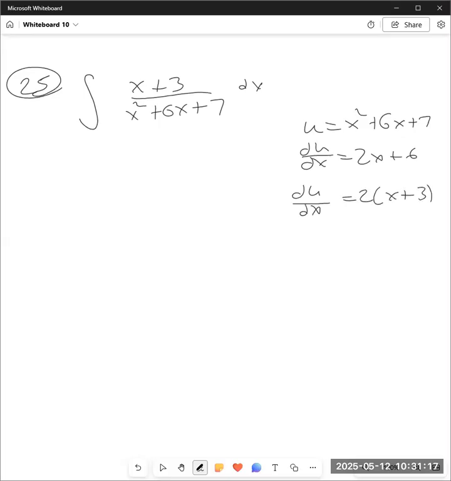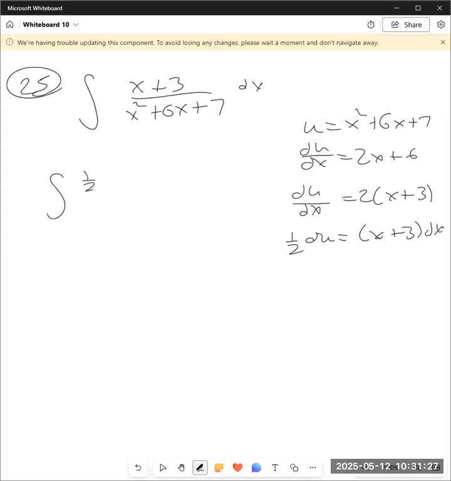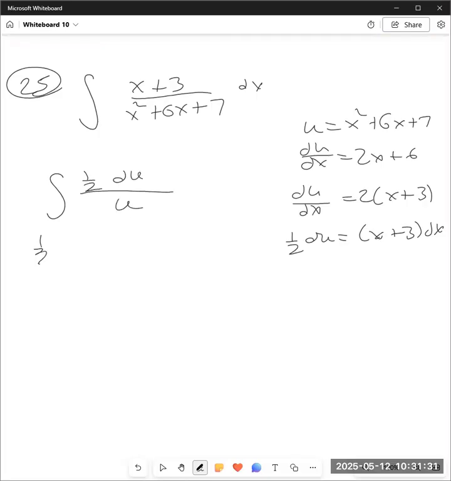I want x plus 3 dx to show up, so 1/2 of du is x plus 3 dx. This is 1/2 of du, and this is u, so 1/2 the integral of du over u. So 1/2 ln of the absolute value of u plus c, 1/2 ln of, and this can be negative, so we need to have these absolute value bars.